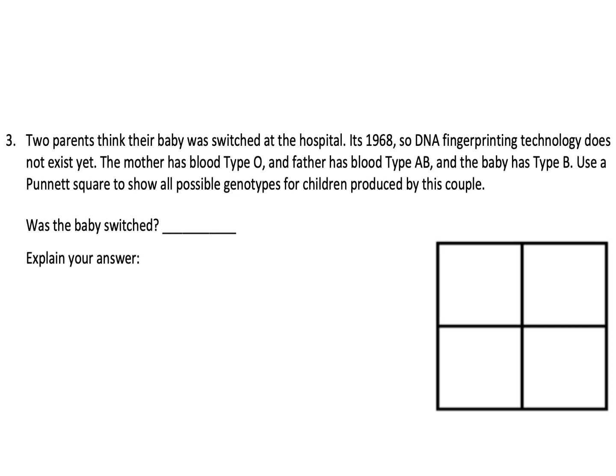So we have a mom with blood type O, so we know that she is homozygous recessive for that blood type. And then dad has blood type AB, and so we know his genotype here. We're going to cross these. We're doing the work.